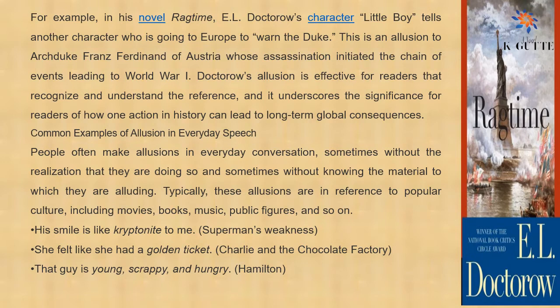This is an allusion to the Archduke Franz Ferdinand of Austria, whose assassination initiated the chain of events leading to World War I. Doctorow's allusion is effective for readers that recognize and understand the reference, and it underscores the significance for readers of how one action in history can lead to long-term global consequences.